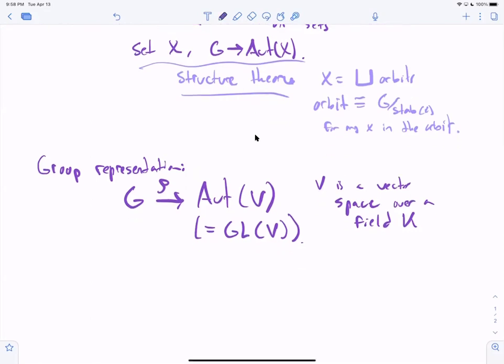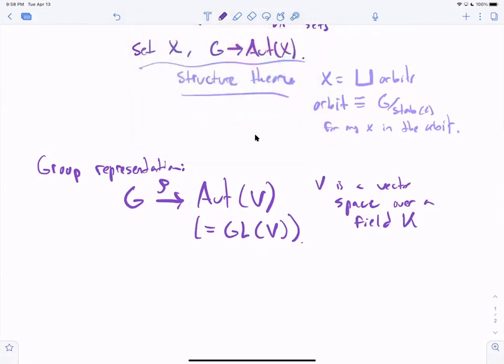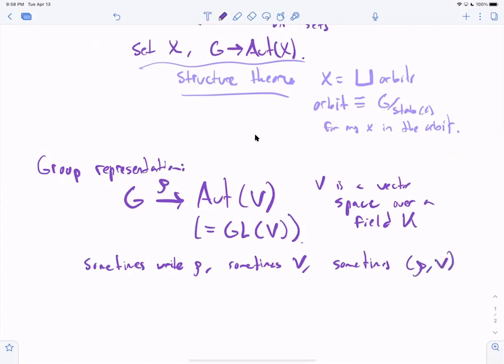Sometimes, when we're talking about group representations, we write rho. Sometimes we write just V. Sometimes we write the pair. I'm just saying whatever's convenient. There are certain constructions where, for example, you can take the tensor product of two representations.